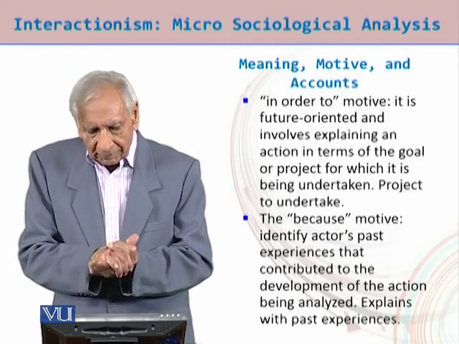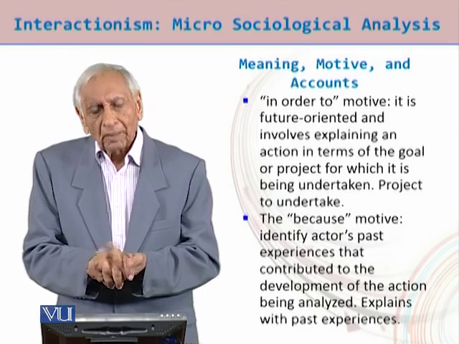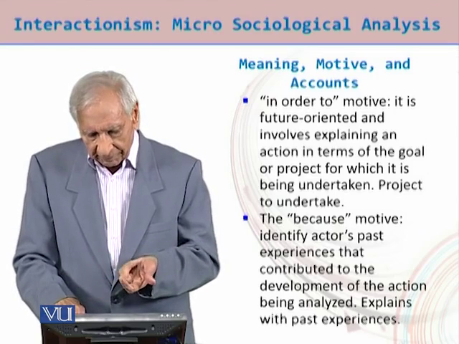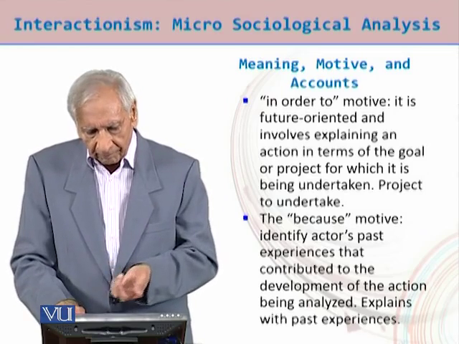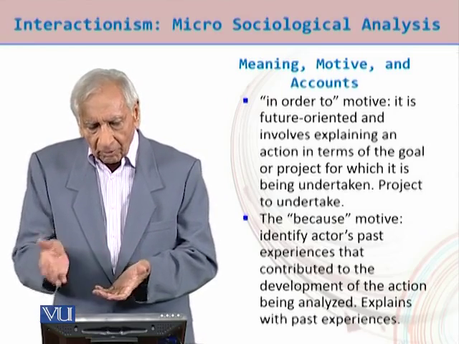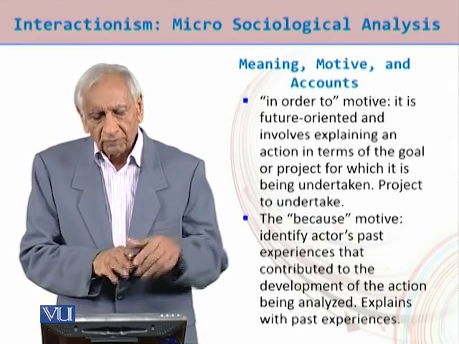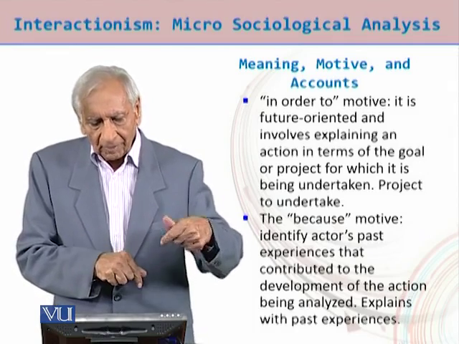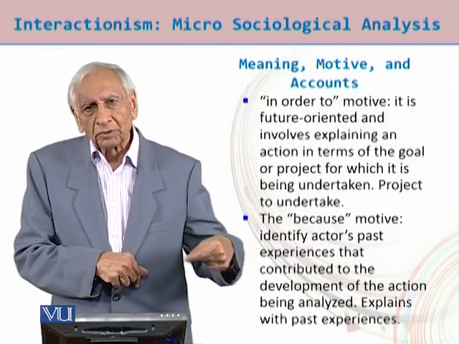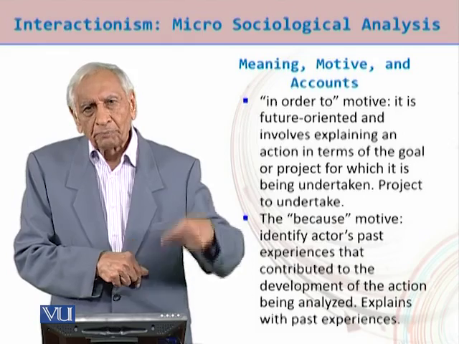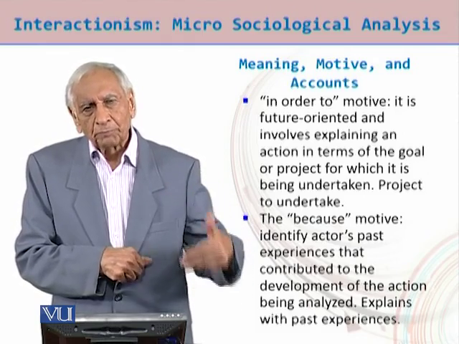So that is how we try to explain the experiences of the actors. The in-order-to motive is future oriented and involves explaining an action in terms of the goal which the person wants to achieve. The person has a project and he wants to successfully complete that project.